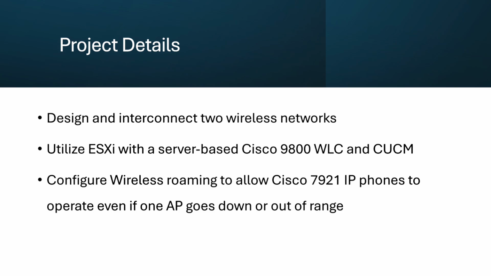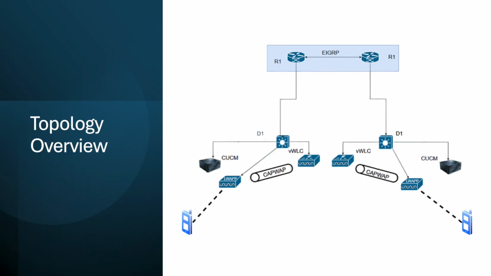And from there, we built on CUCM connectivity, and then we connected the wireless phones to our wireless networks, and then they were able to reach our CUCMs. We utilized ESXi to manage our 9800 vWLC and our CUCM, and this is our topology.